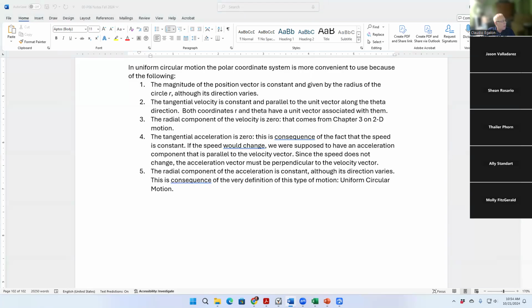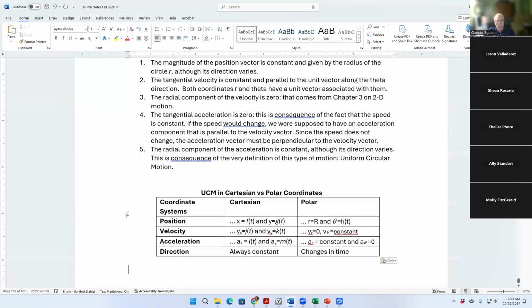So now I can tell you about each. We have this table here, uniform circular motion, Cartesian versus polar coordinates, right? For the position, you already know that x is a function of t and y is a function of t. R is constant. I'm going to keep it consistent with what I have been doing so far.